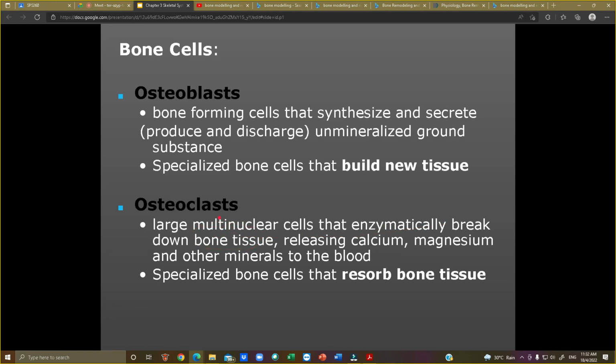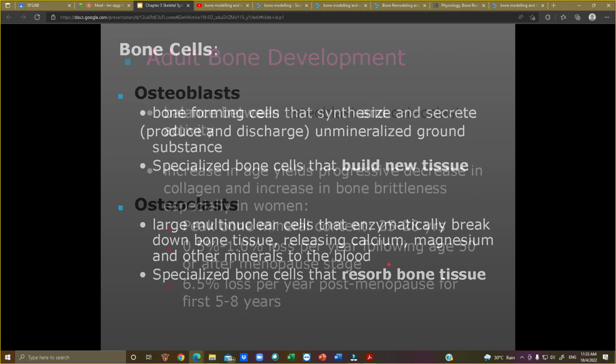So the cortical plate will be broken down. They will release calcium, magnesium, and other minerals to the blood. Magnesium, calcium, other minerals is unmineralized ground substance. Okay, specialized bone cell that reabsorbs bone tissue. Osteoblast builds new tissue. Osteoclast reabsorbs.